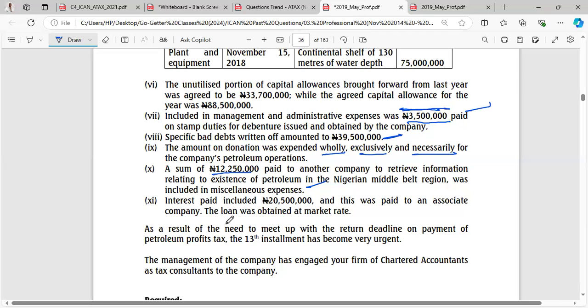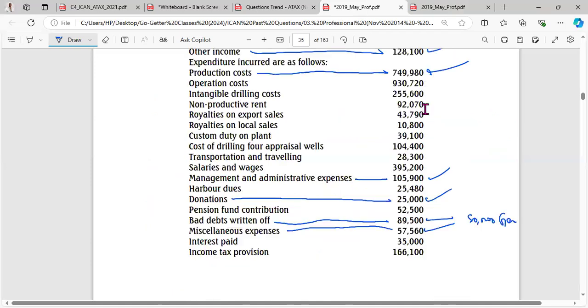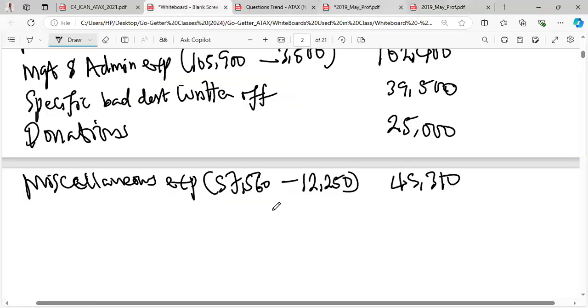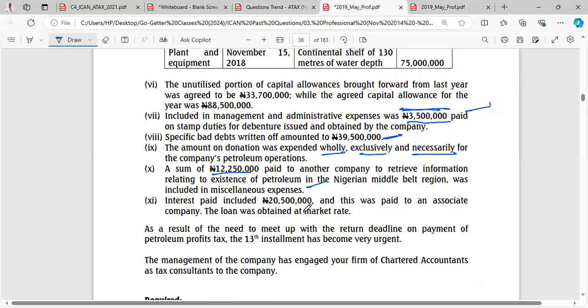Now look at the loan here, interest 35,000 should be allowable. Now, assuming that they said that this loan was not obtained at market rate or was not obtained at arm's length, you will need to deduct this 20,500,000. But because it was obtained at market rate, it qualifies it.